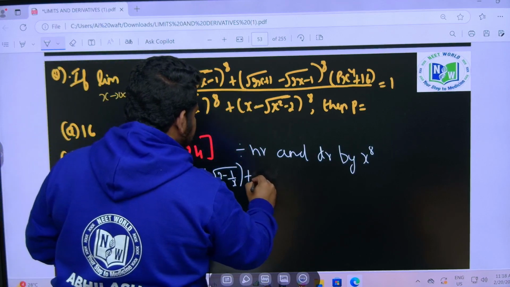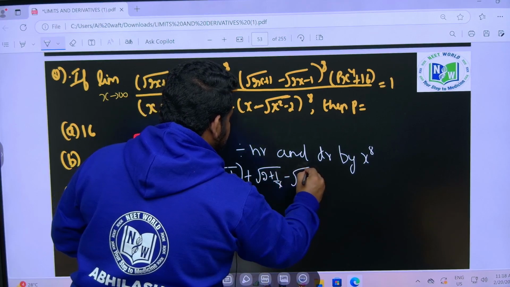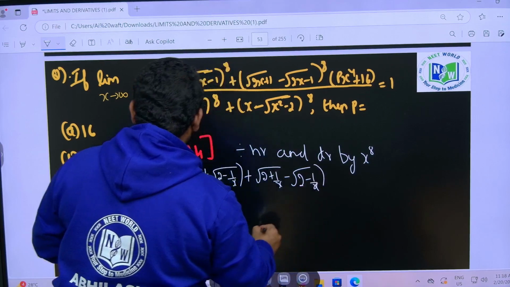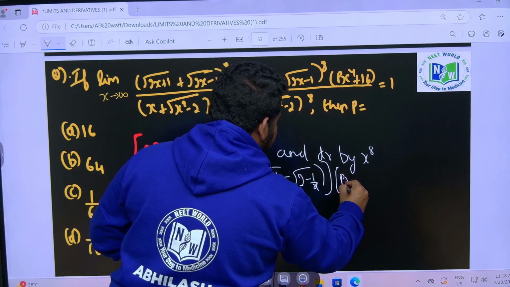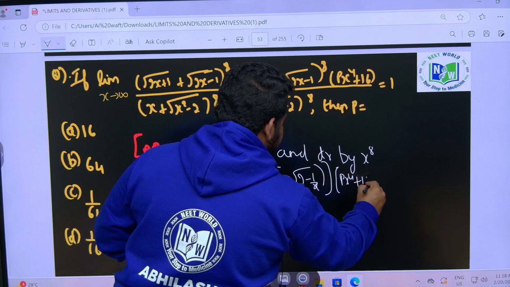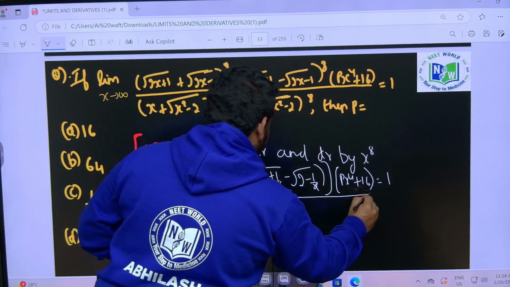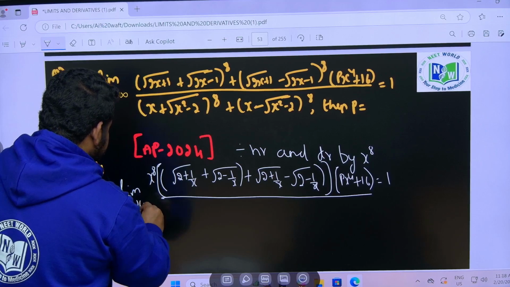If I bring it this side, it will be (root of (2 plus 1 by x) minus root of (2 minus 1 by x)). This whole thing into (p x to the power of 4 plus 16) is equal to 1 divided by, what is this? This limit x tends to infinity.